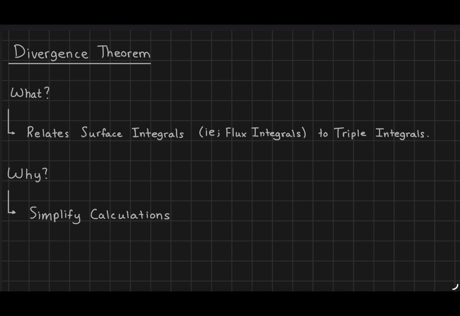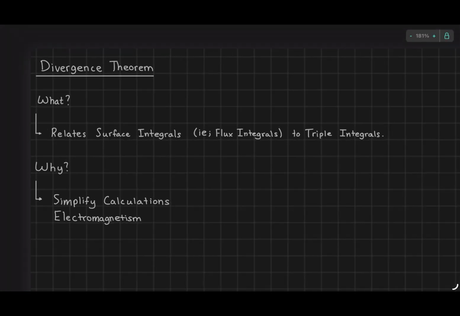Just like we talked about last video with Stokes' theorem, it could make a surface integral easier by transforming it into some other integral, or it could make that other integral easier by transforming it into a surface integral. Another key topic it's in is electromagnetism. That's one of the bigger applications of the divergence theorem within physics.